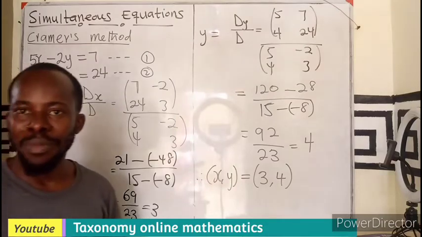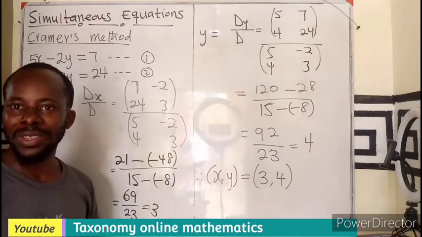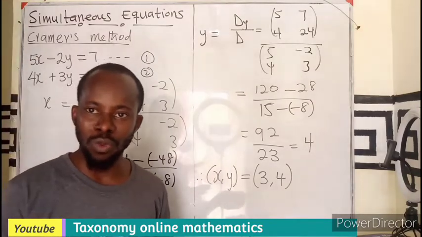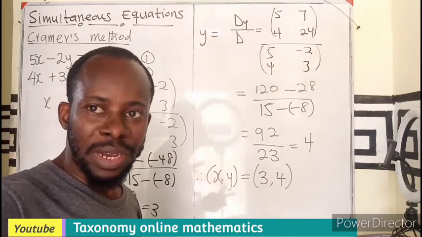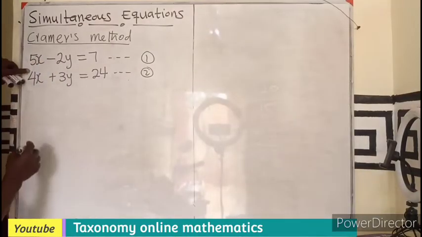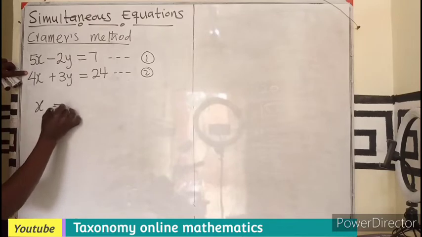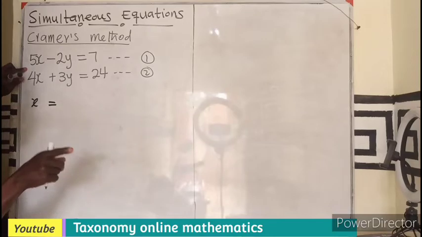2 by 2 matrix. So in this case, we know this follows the format of matrices, 2 by 2 matrix. We can also have a direct approach. Let me clean. But the direct approach, if I want to find x, it means x is going to be equals to, we are going to do cross multiplication.